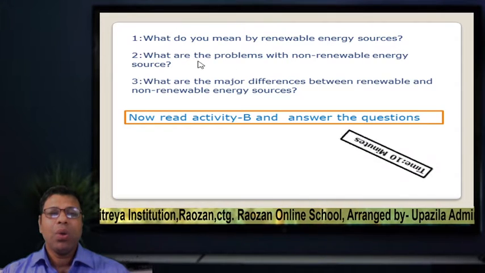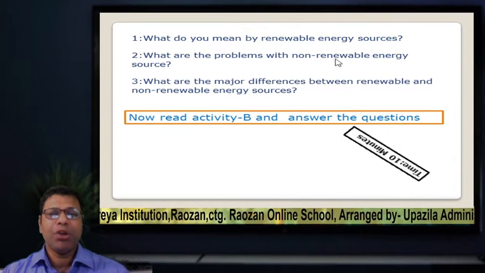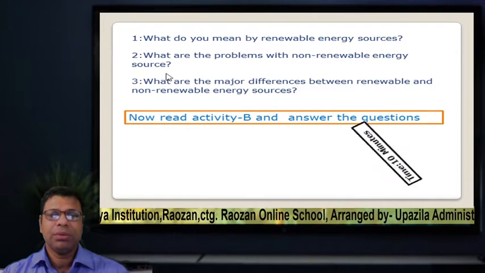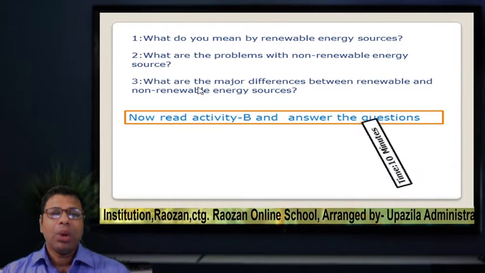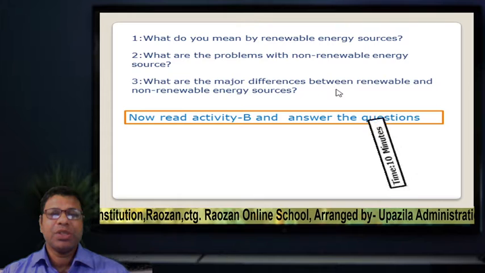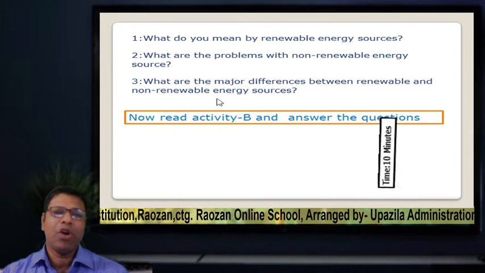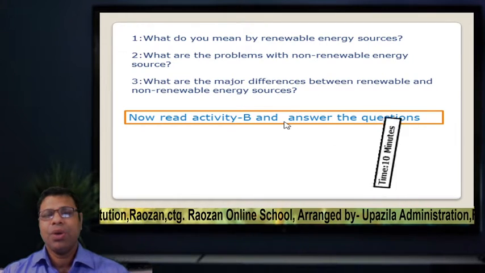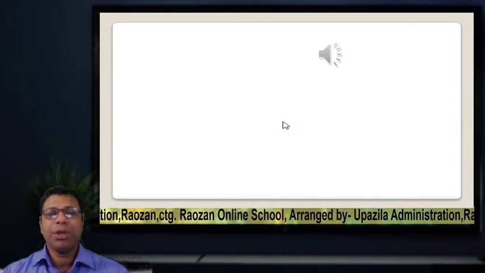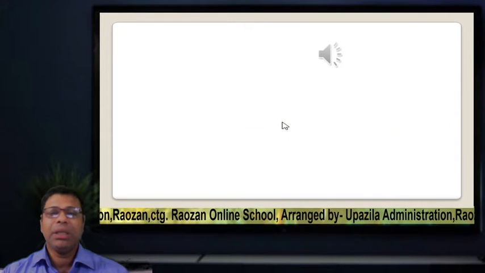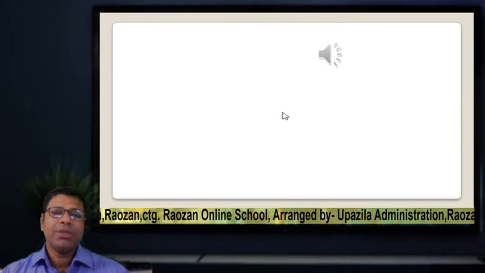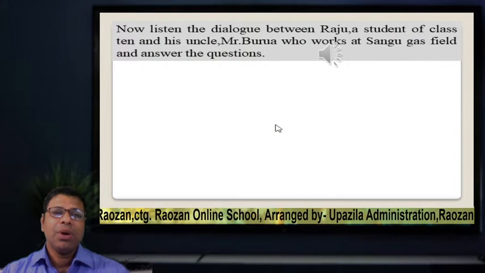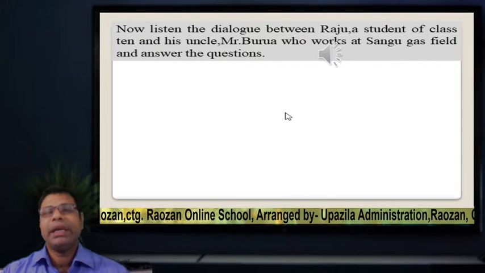Second, what are the problems with non-renewable energy sources? Last, what are the major differences between renewable and non-renewable energy sources? Okay, dear students, pause the video and try to make the answers. In this time, you are going to listen to a dialogue.